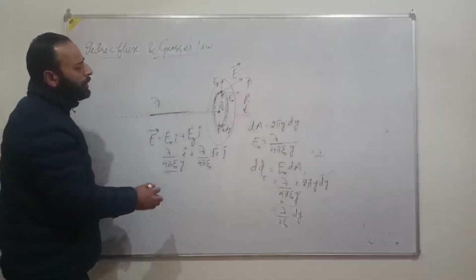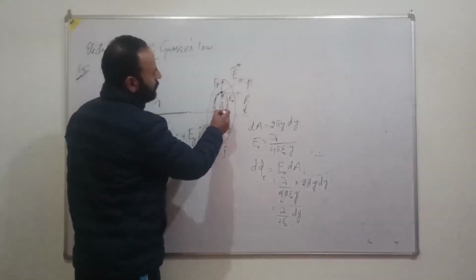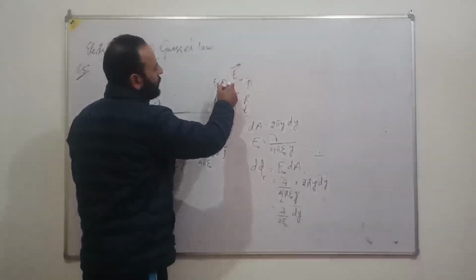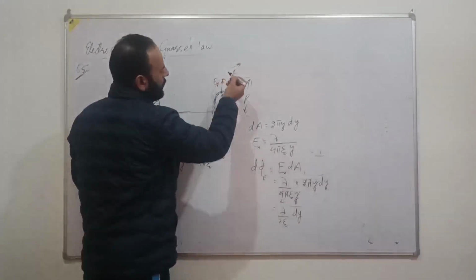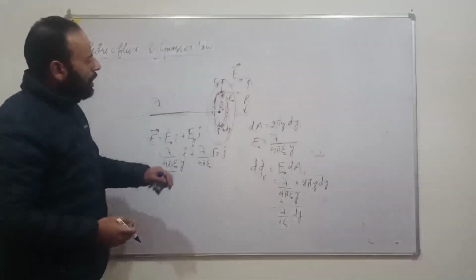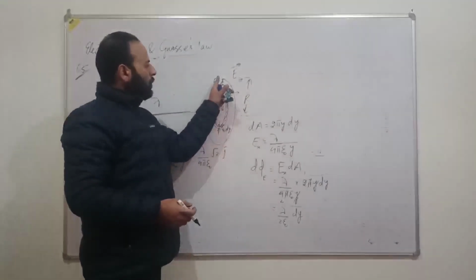So we have to calculate the total flux from the center to the periphery of the disk of radius r. So y varies from 0 to r.